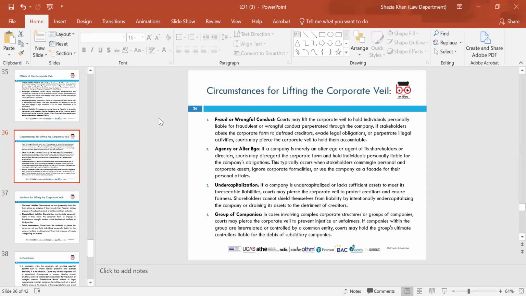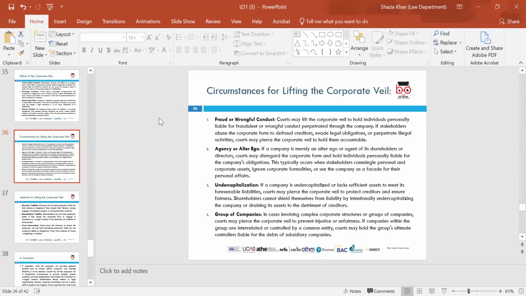Things like defrauding or money laundering or anything like that, the courts have the right to lift the corporate veil at that time. Agency or alter ego. If a company is merely an alter ego or agent of its shareholders or directors, courts may disregard the corporate form and hold individuals personally liable for the company's obligations.